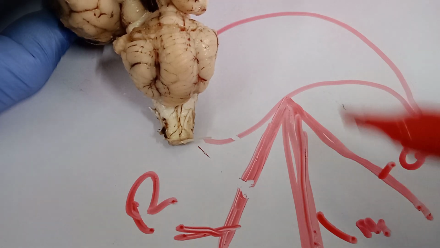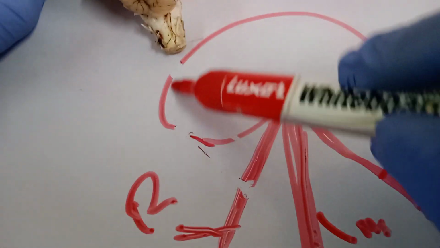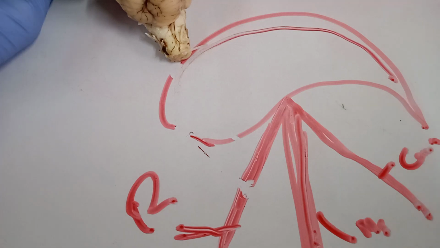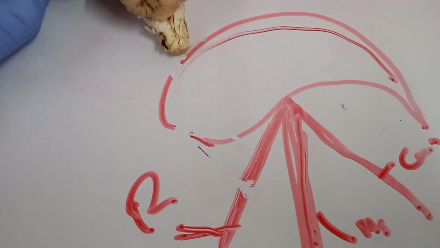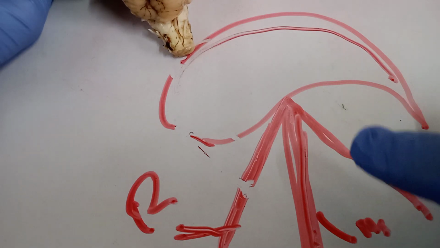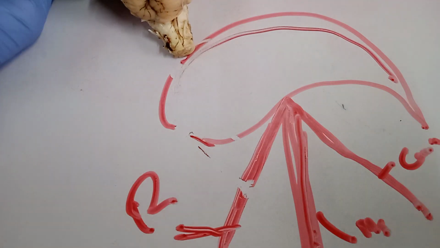So three peduncles with a cap, with a mantle like this. So you can compare it with a mushroom. The only difference is that in the mushroom there is a single stem, but in the cerebellum there are three stems called the cerebellar peduncles: the rostral, the middle, and the caudal cerebellar peduncle.